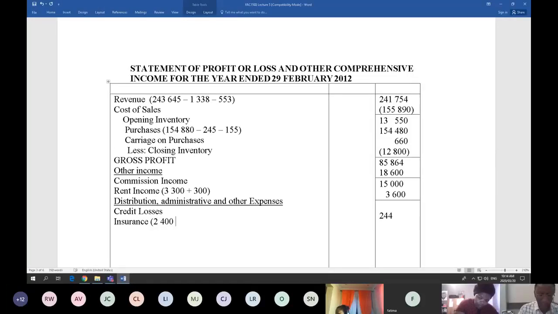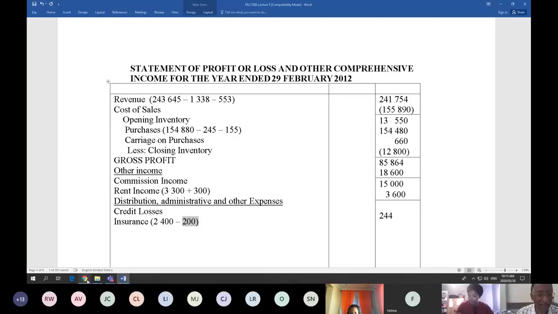However, adjustment A tells me that 200 Rands worth of insurance, oh guys, I am talking absolutely nonsense. The insurance we have paid 2,400, that is correct. However, there was a 200 Rand payment for the month of March. Now that 200 Rand payment for the month of March is not part of this year's expenses. It is next year's expenses.